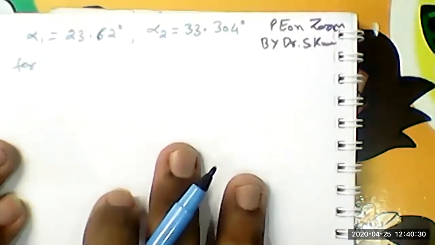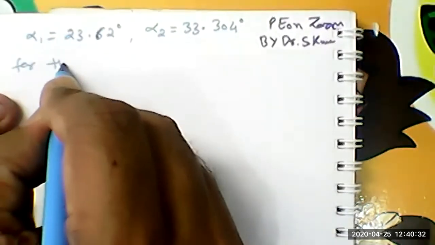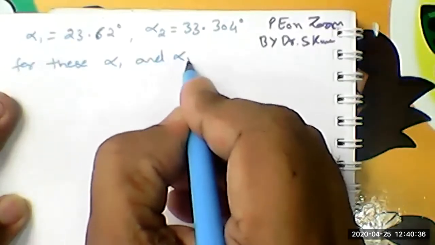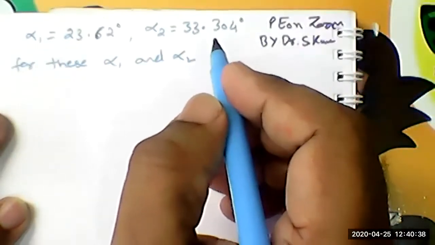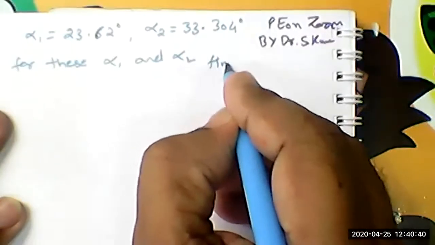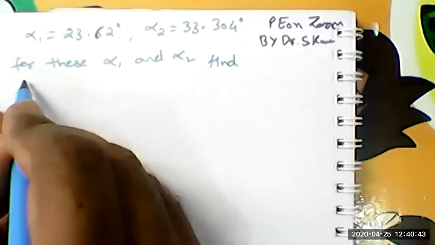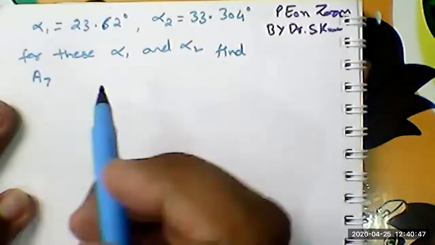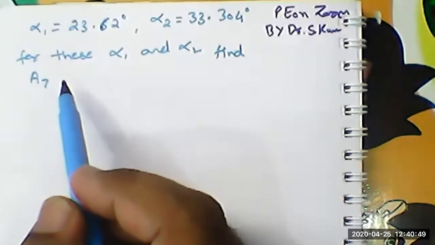Now, for these alpha 1 and alpha 2, find A7. That means the seventh harmonic component.